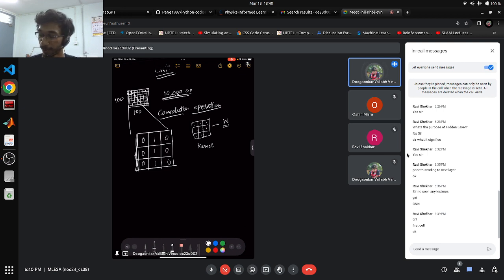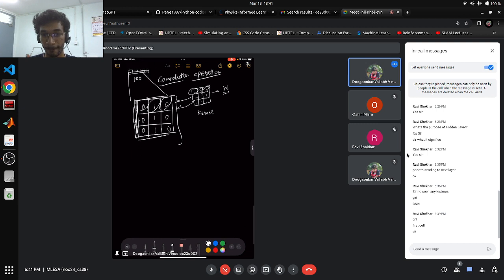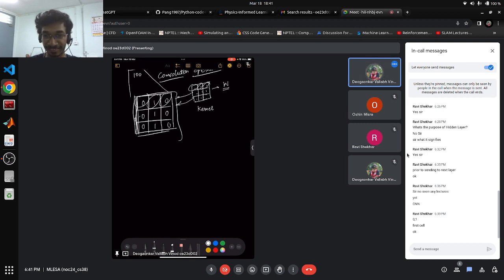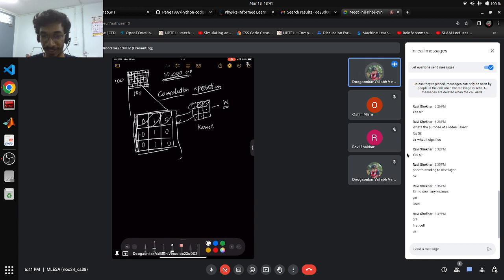I will take this 3 cross 3 grid and put it on top of this. Take element wise multiplication of all the inputs, so I will multiply this number with this number, and so on, and then I will add them all up. That is actually the convolution operation.